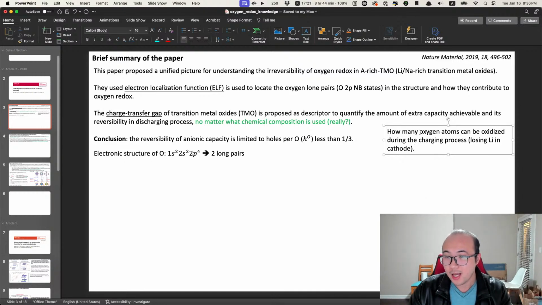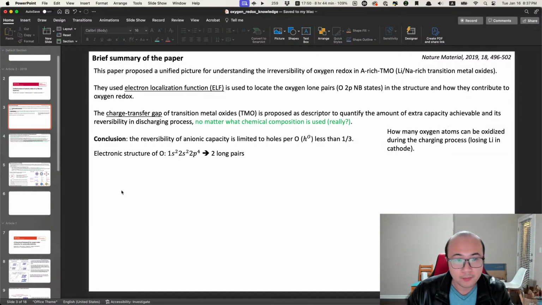How many oxygen atoms? Because the transition metal, when it can be reduced or oxidized, it can give electrons. But we want to give more electrons. Then those electrons can only come from the oxygen in there. That's why we call it the oxygen redox, because oxygen can be oxidized and it can be reduced.